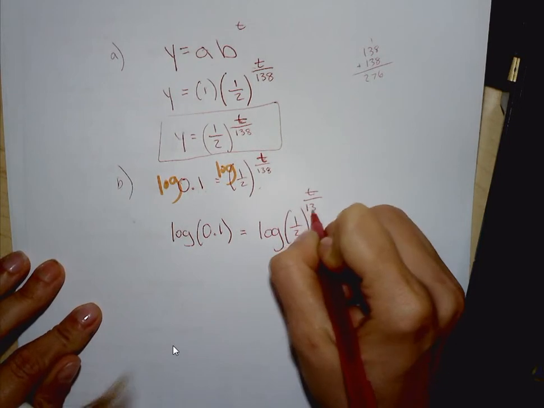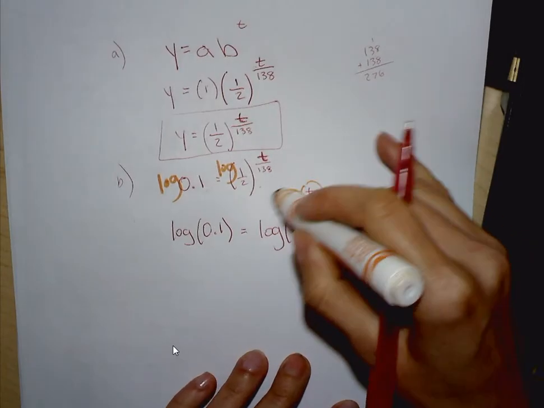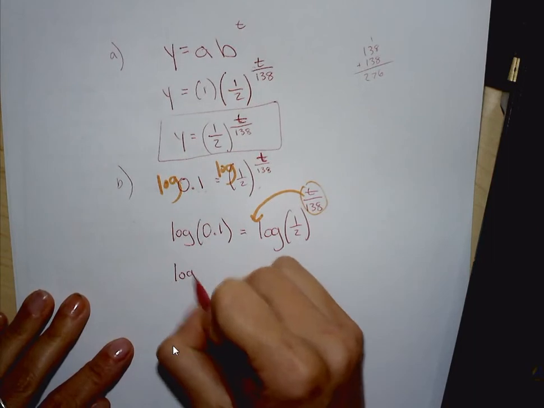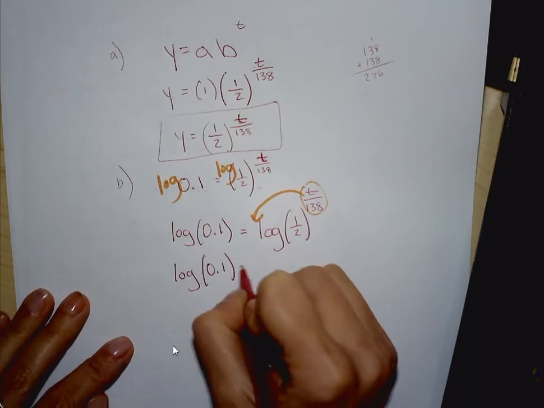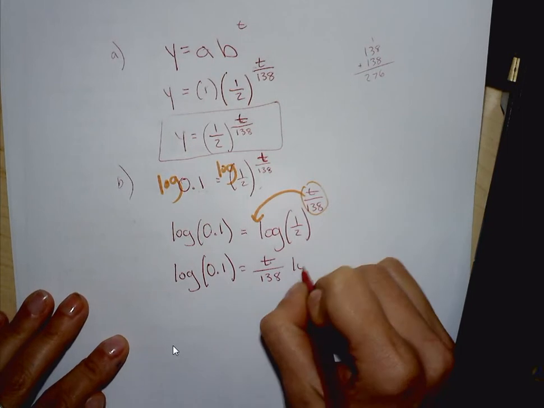The whole point of logs is we drop the exponent down, and we have log of 0.1 is equal to t over 138 times log of 1/2.